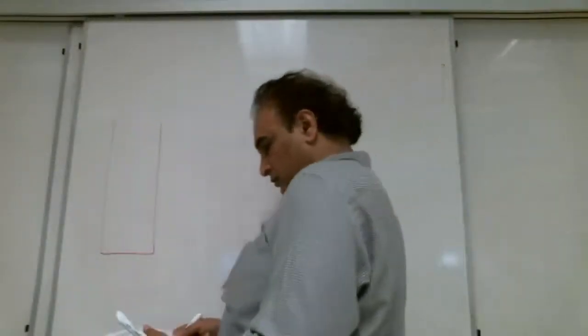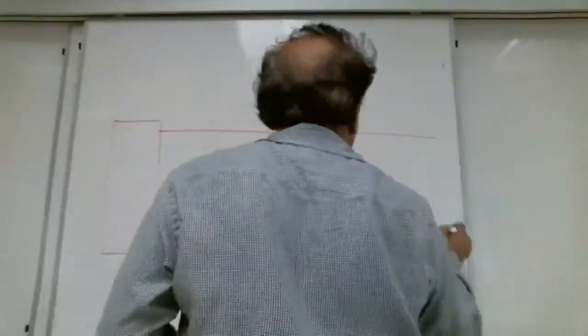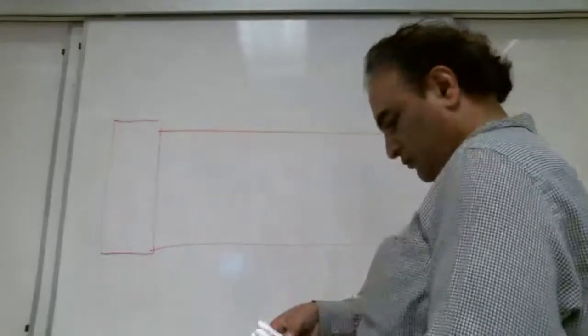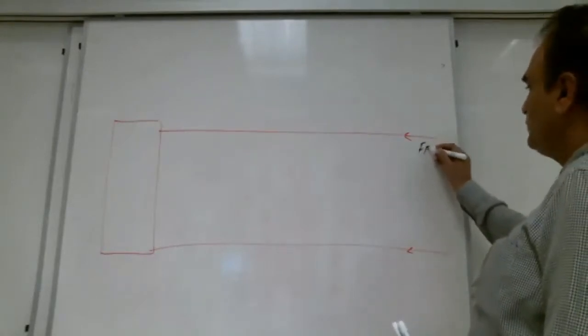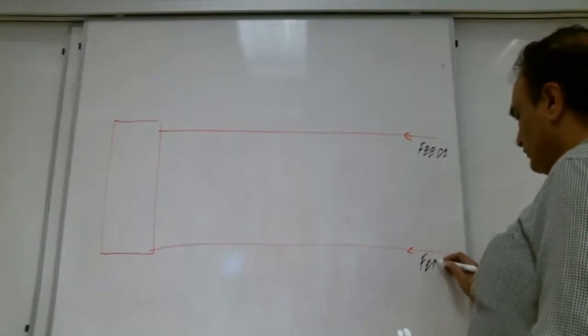So we have this tank, Shabab. This tank is there, and this tank is receiving two streams. This is feed 1 and this is feed 2.